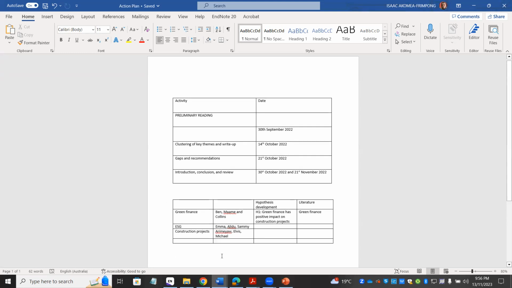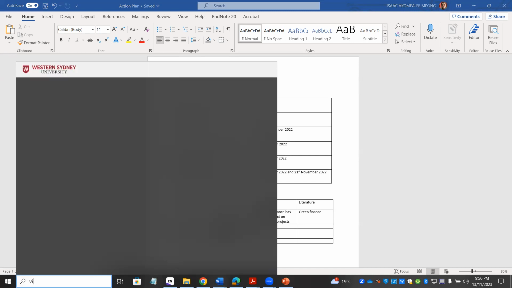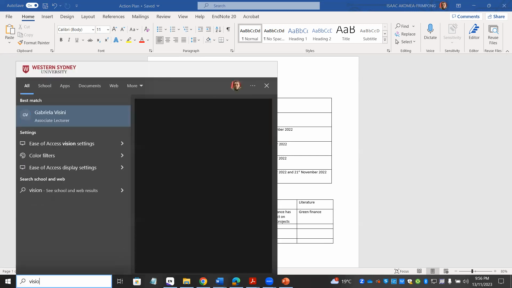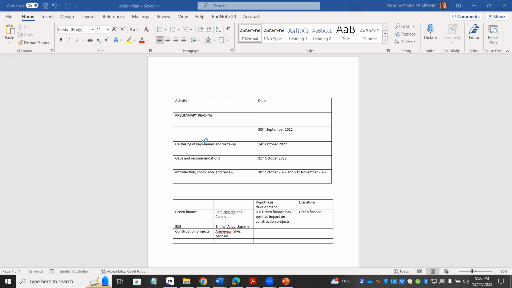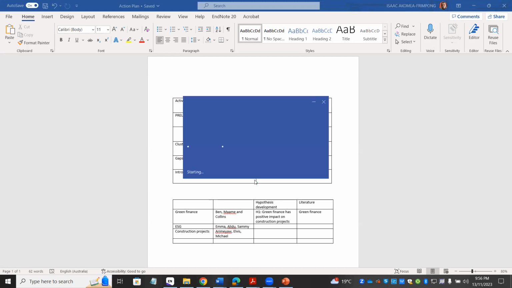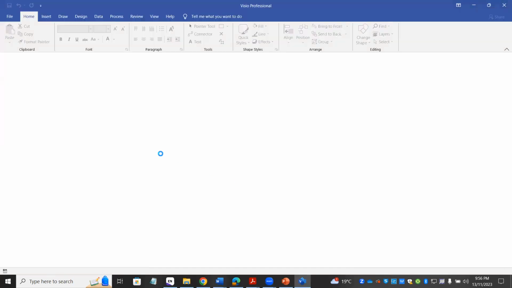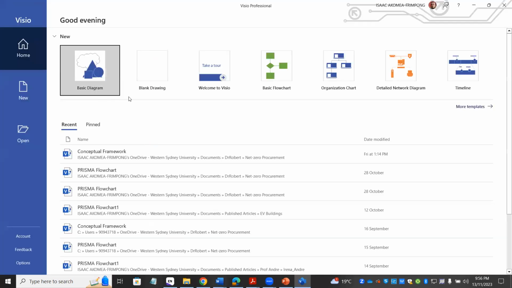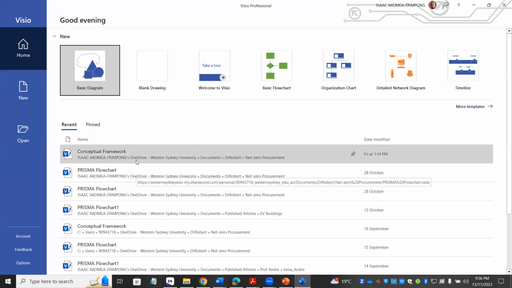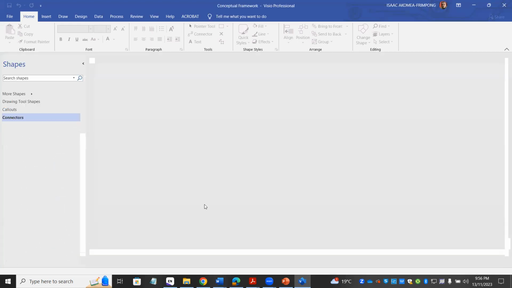This is how I want the whole study to be visual. Illustrate visual. I initially started by saying that we should go the way of green finance being a mitigating factor.